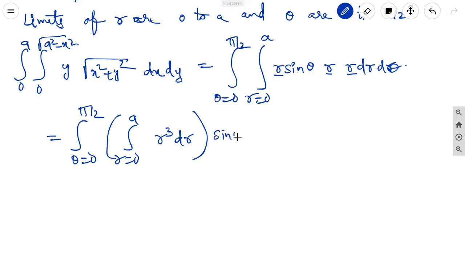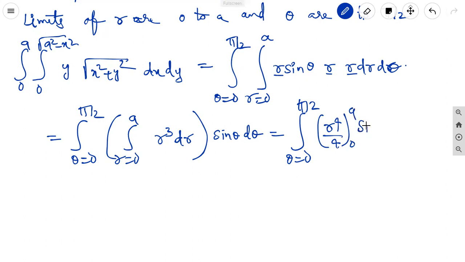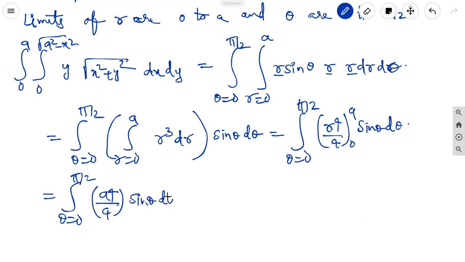whole sin theta d theta. Integral of r cube is r to the power of 4 by 4, limits from 0 to a, sin theta d theta. That is equal to integral theta equal to 0 to pi by 2 of a to the power of 4 by 4 into sin theta d theta, because the lower limit is 0.